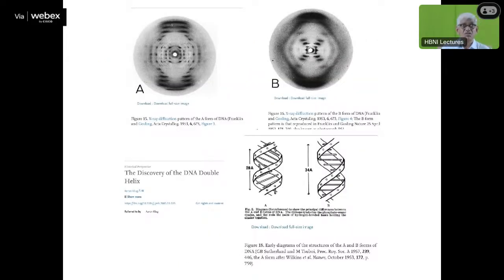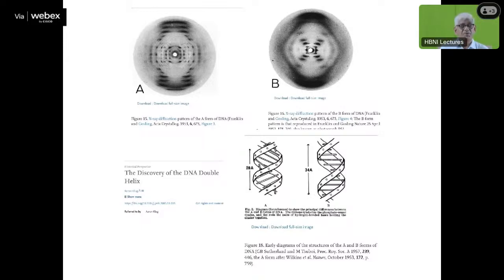They used what is known as fiber diffraction. Fiber diffraction, because this DNA is a very large molecule, as I said, more than a billion Daltons, and so therefore it is a huge molecule. And it is not possible to dissolve this in solution. This appears as a fiber. So therefore, the technique that can be used for characterizing this is X-ray fiber diffraction.